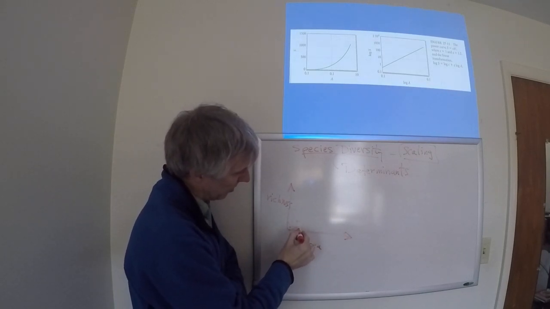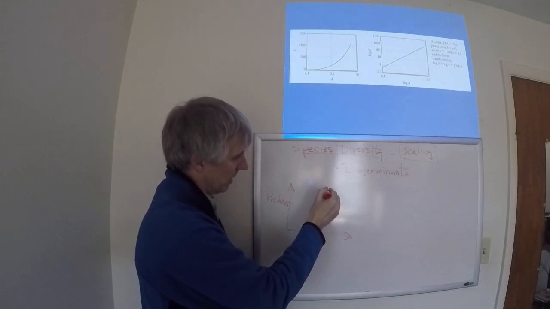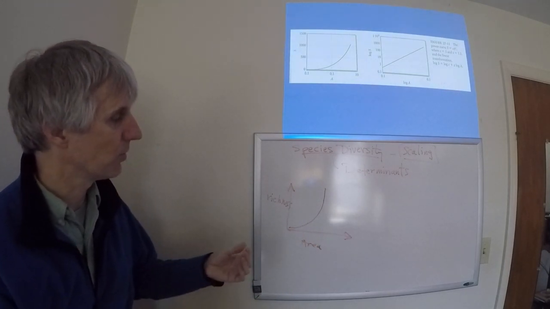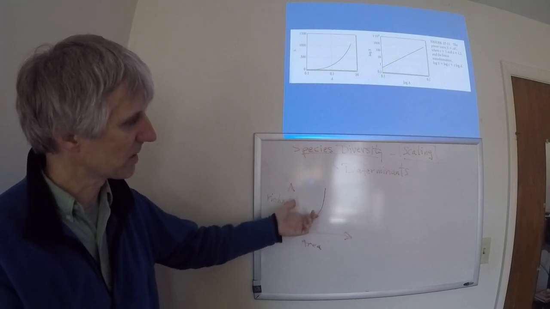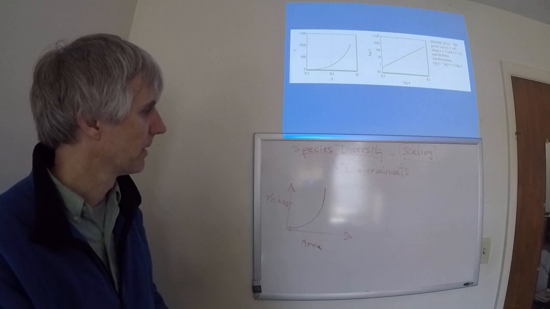One of the things they noticed was that this relationship tends to be exponential. That as you look at larger areas, richness increases exponentially, and that's what's shown here.